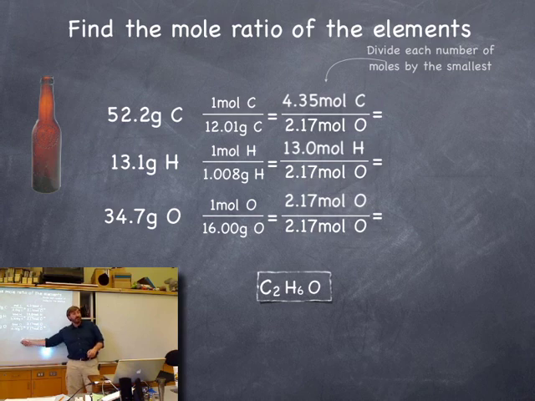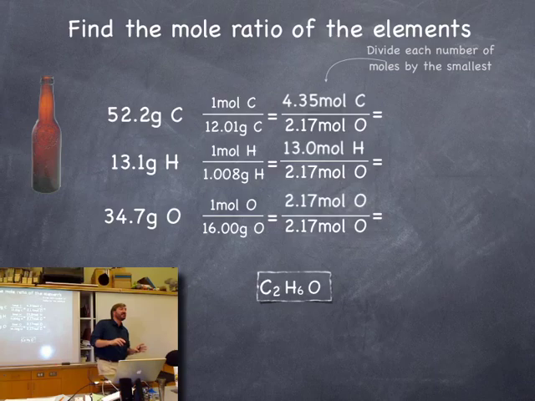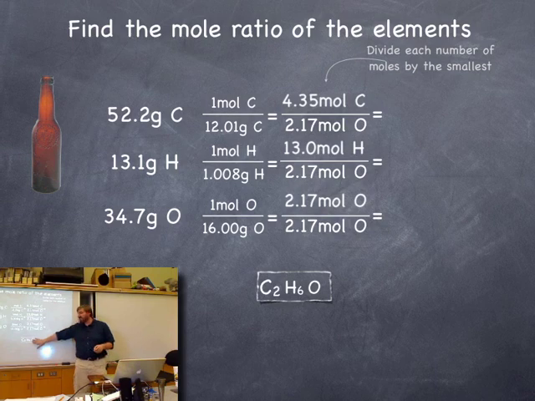It could be C4H12O2. It could be C3H18O3. It could be C2H6O. We will figure out what it really is in a few minutes. But it will be some ratio. Some whole number multiple, potentially 1, of this value.